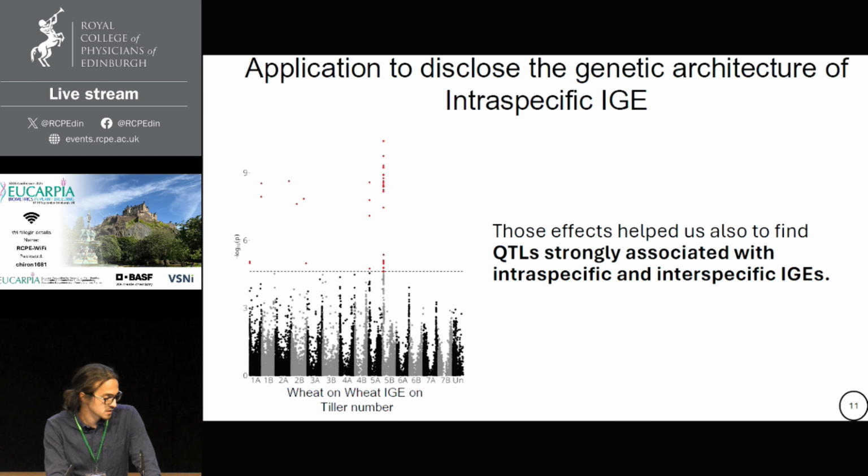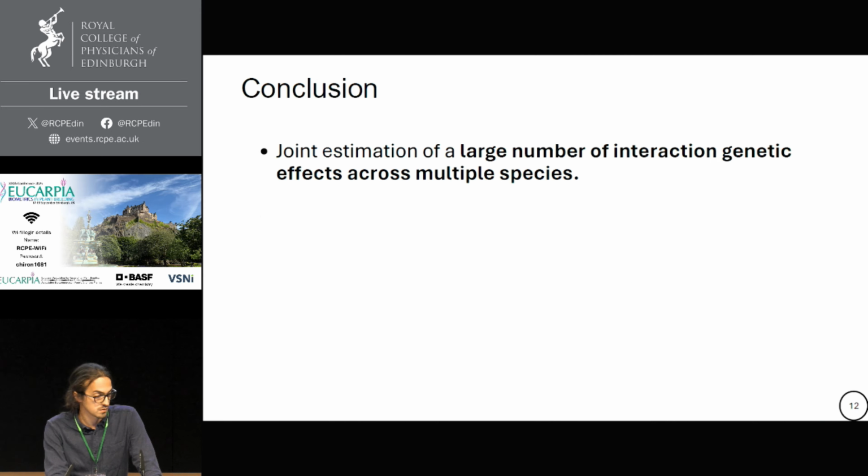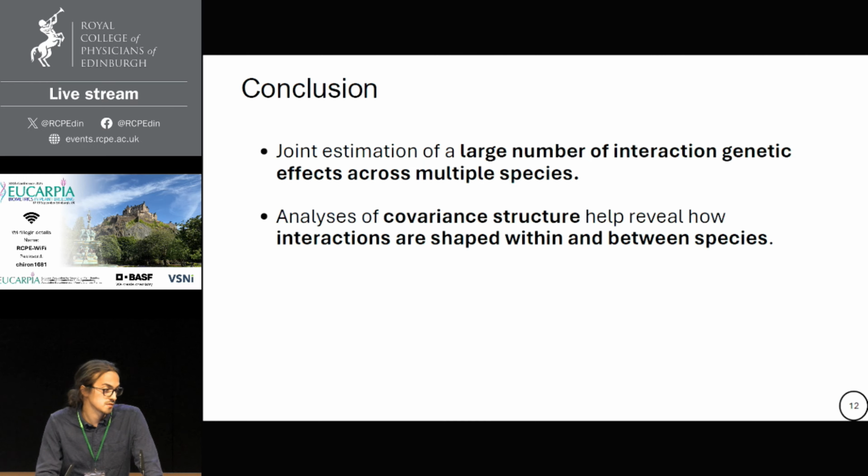And so here you have an example on wheat IGE for tiller number, where we found a very strong QTL strongly associated with intraspecific IGEs. And we also found some on interspecific IGEs of alfalfa on wheat and wheat on alfalfa. So to conclude, this model allows us to jointly estimate a large number of interaction genetic effects across multiple species at the same time on a platform that is roughly the size of this area.